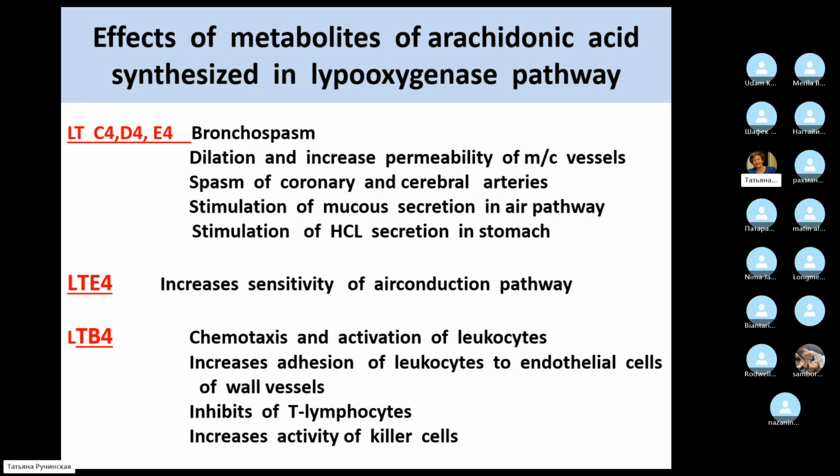As for leukotrienes C4, D4, E4, which are named slow-reacting substances of anaphylaxis. The mix of these three leukotrienes leads to bronchospasm, a very severe effect, and they lead to dilation and increased permeability of the vessels.